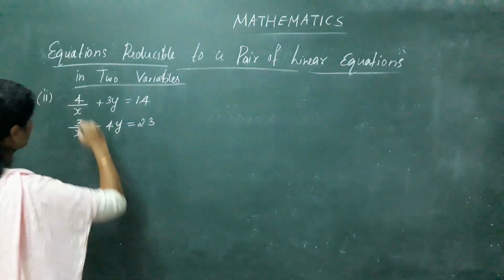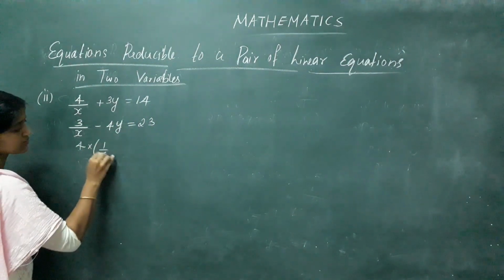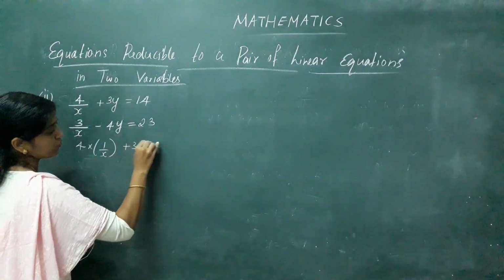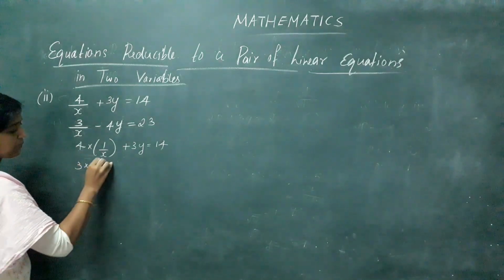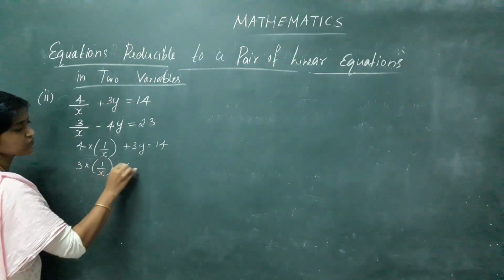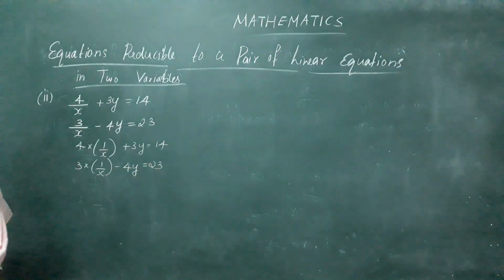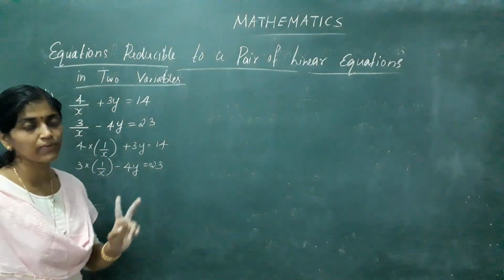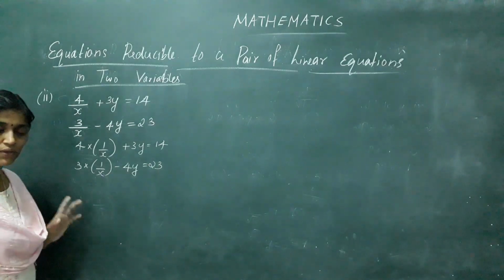Clear? But 4 by x we know it is 4 into 1 by x. Isn't it? Plus 3y equal to 14. Then 3 into 1 by x minus 4y is equal to 22. Clear? So here only one of the values we have to change, that is for 1 by x, so you have to give the values there.